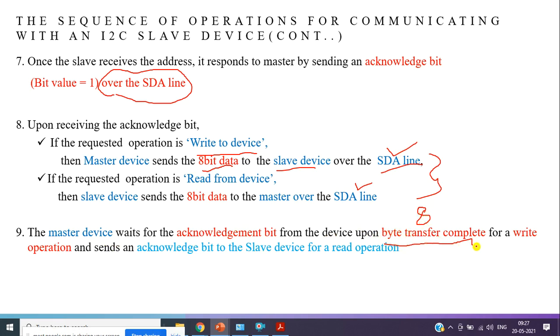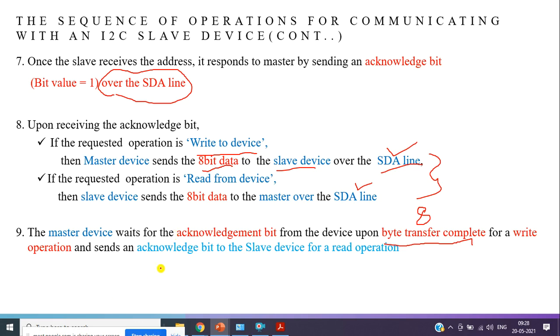Which means it is going to transfer 8 bits, that is what byte transfer complete means for a write operation. So if it is a write operation, then once again, see, every time there should be a handshaking signal. Once I send the address, it has to give me the acknowledgement. Then based on the read/write operation, the master may send the data to the slave device.